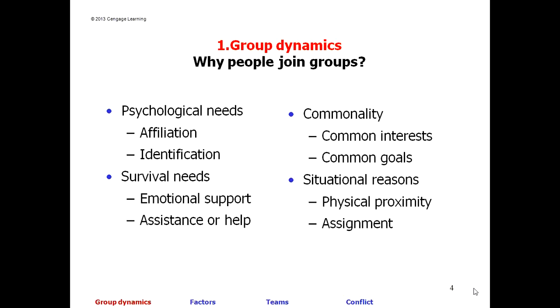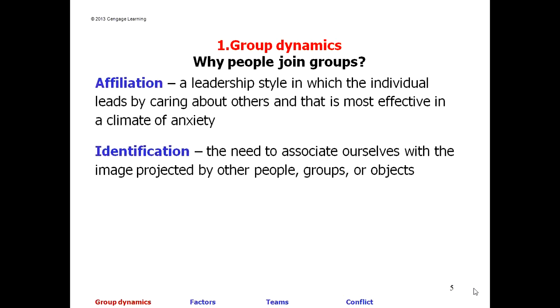As you can see, psychological affiliation and identification, survival for emotional support and all, then commonality, that is for common interest and goal, and situation for physical proximity, meaning being nearer to one another, or for any other assignments as such.